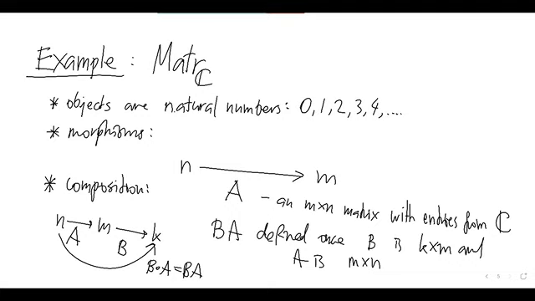By the way, if you're wondering how does this category know about vectors? The answer is easy. You can think of a vector as a matrix where one of the dimensions is 1. You take number 1 and you consider arrows from 1 to n. We can think of these as vectors.